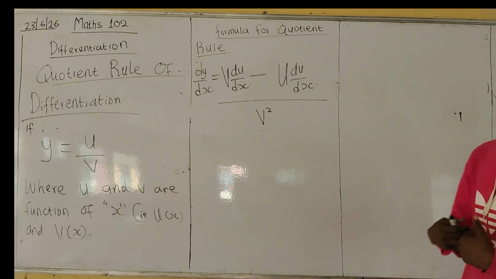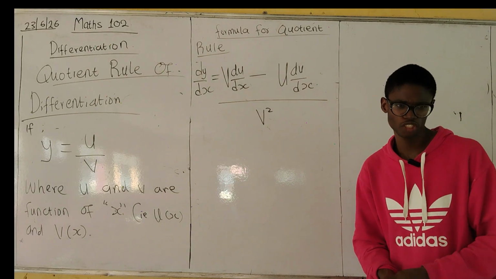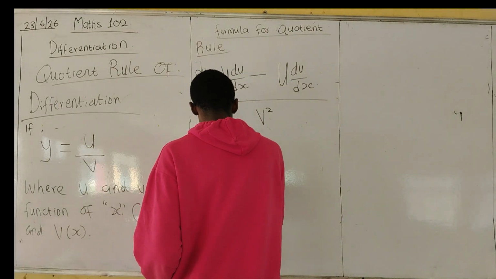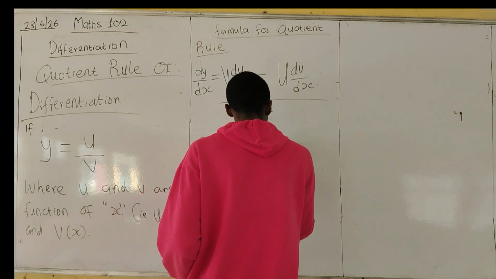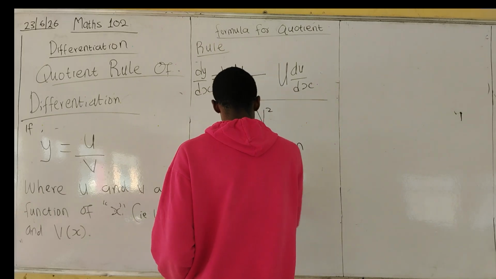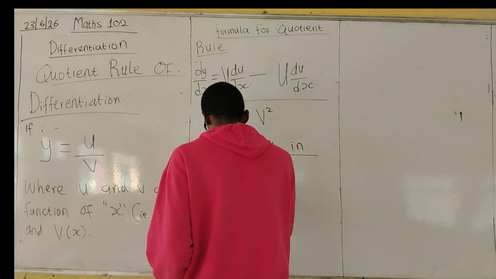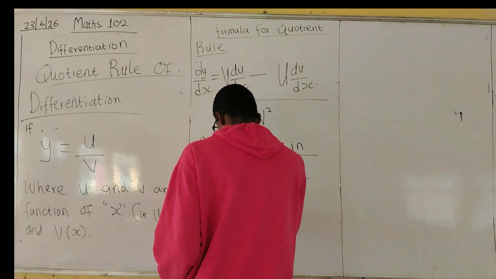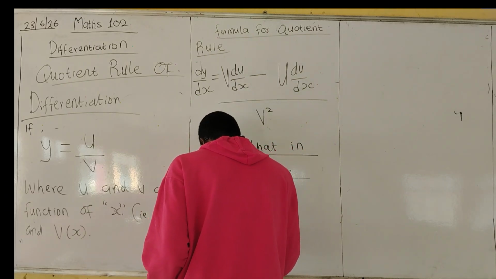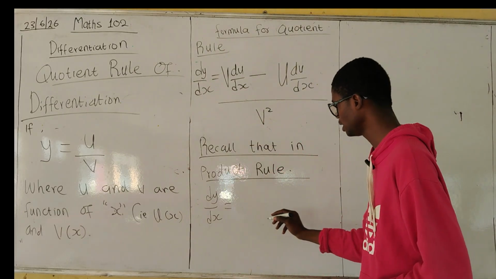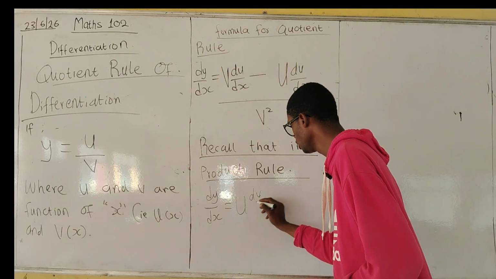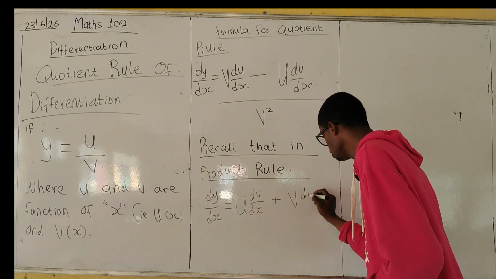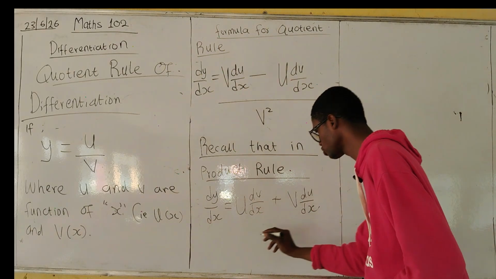Now, a common mistake that students make. I want to show you a pitfall in quotient rule differentiation. Recall that in the product rule, dy dx is equal to u dv dx plus v du dx.